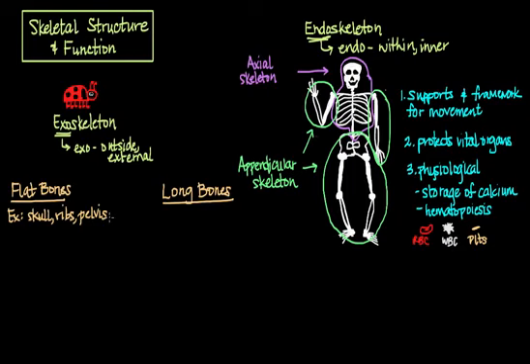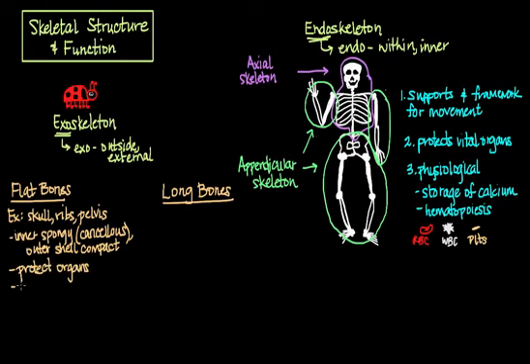These bones are made up of an inner spongy or cancellous bone, and then the outer shell is made up of compact bone. So there's an inner spongy, cancellous bone and an outer shell of compact bone. And flat bones serve primarily to protect our organs and serve as a site for hematopoiesis.